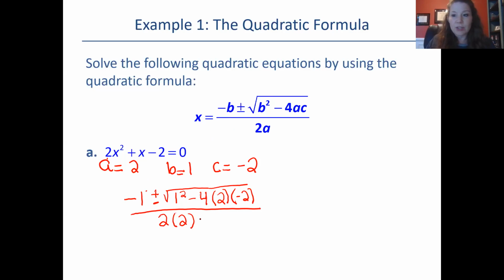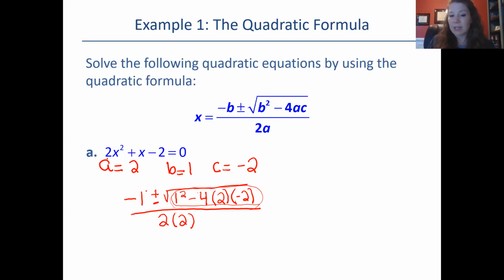Now, this is when you will definitely want to use your calculator. The way I suggest to plug it in your calculator is to plug in just what's under the radical first. I want to know what that long number is.